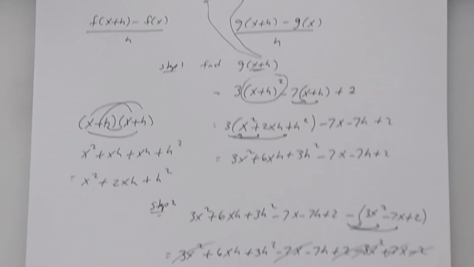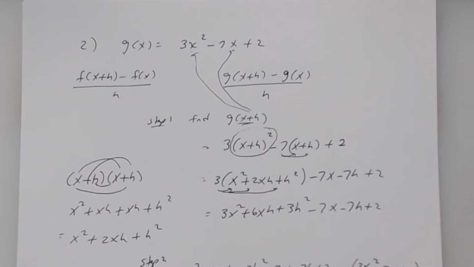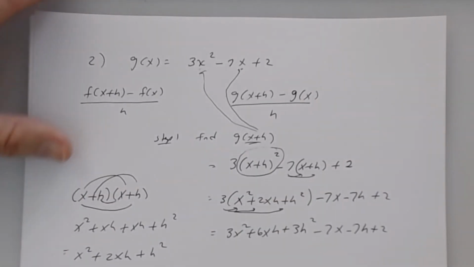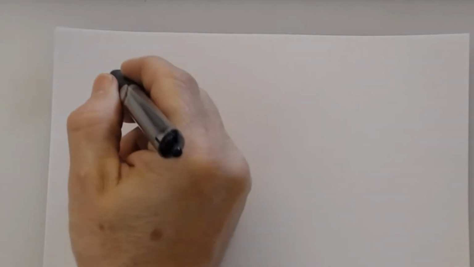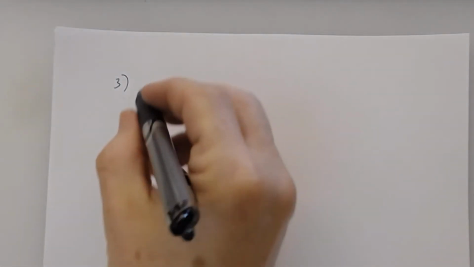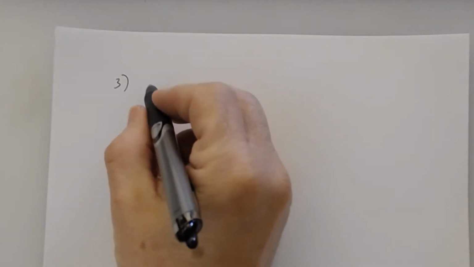All right, so let's do one more with a quadratic one. Okay, so this is going to be number 3. Let's suppose this time that I'm going to go ahead and use f.